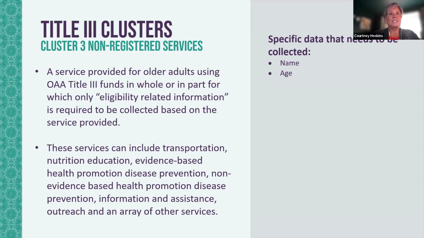So Cluster 3 services are non-registered services. So what that means is that a very minimal amount of information is required to be collected for these services, which the level of data is, so eligibility would be age and name.